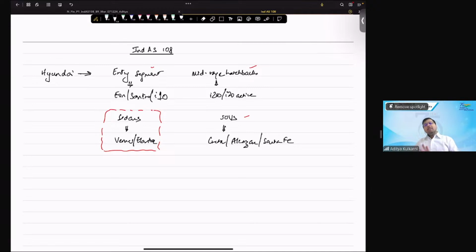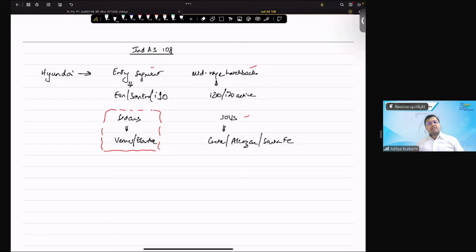So all these things will be decided by who? By the chief operating decision maker, a new term that is introduced in Ind AS 108. What Ind AS 108 does is, it is shifting your focus. Your focus is getting shifted from an accountant's perspective.